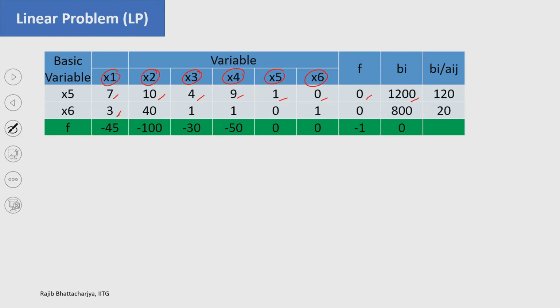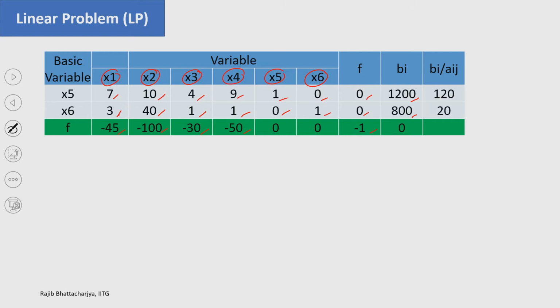And the coefficient of x1 in the second constraint is 3, for x2 40, then 1, 1, 0, 1, 0, and finally it is 800. And I am putting the objective function, and the coefficient of x1 is minus 45, minus 100, minus 30, minus 50, then this is minus 1 and 0.